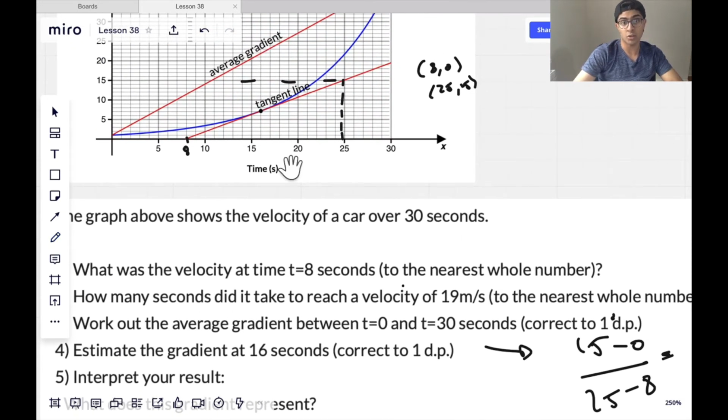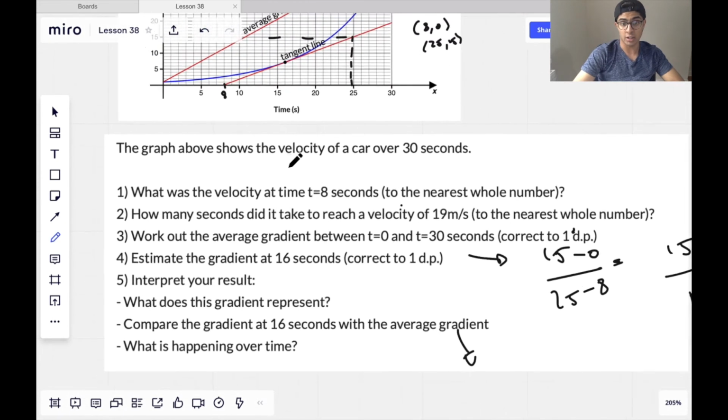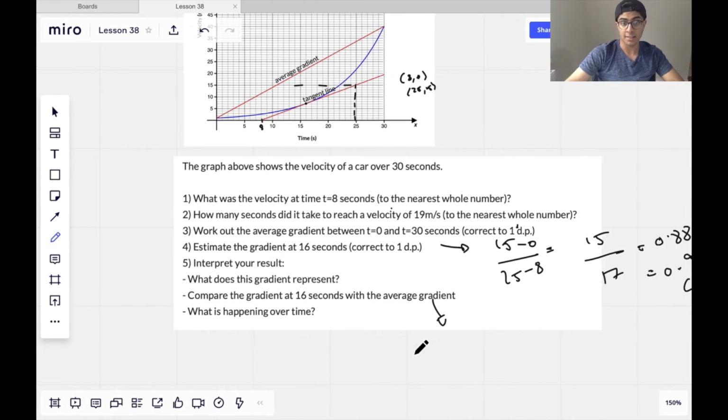So that means that the acceleration at t equals 16 is less than the acceleration over the larger period of time, the average acceleration, because the average gradient is the average acceleration, but this is less steep, so therefore acceleration at t equals 16 is less than average.